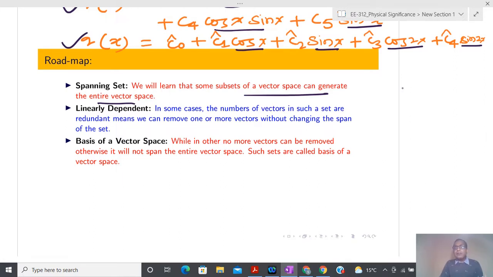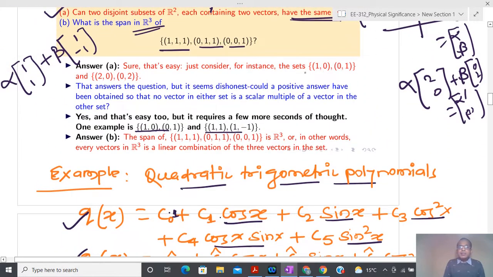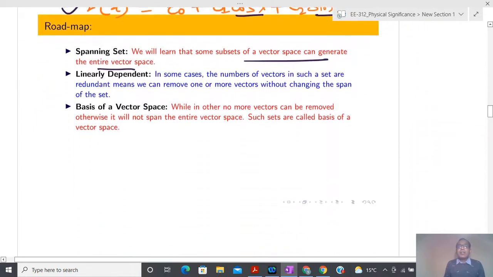So that particular set is called a spanning set. Basically I have two different spanning sets for the same space. Now a similar kind of thing we have for three-dimensional space, and that set is also called a spanning set.